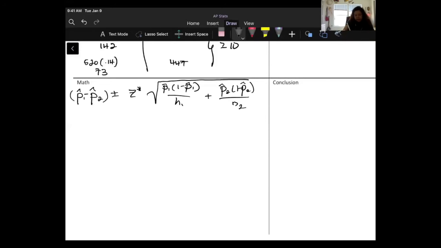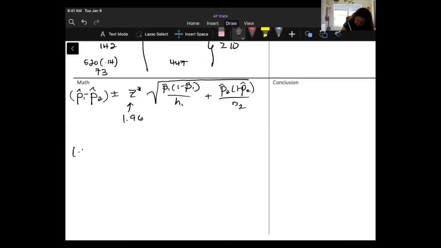Remember that for a Z star, the sample size doesn't matter because we're just looking at the very last row where it's at infinity, and we're looking at a 95% confidence level. So Z is equal to 1.96. Go ahead and plug this in.